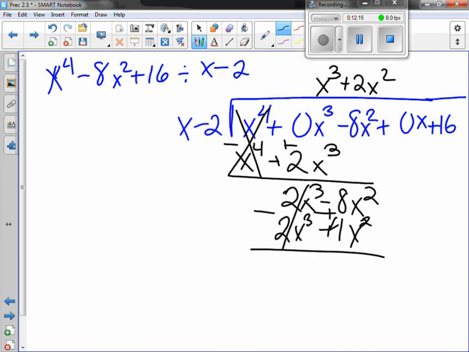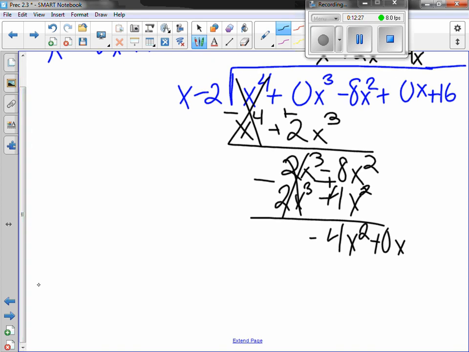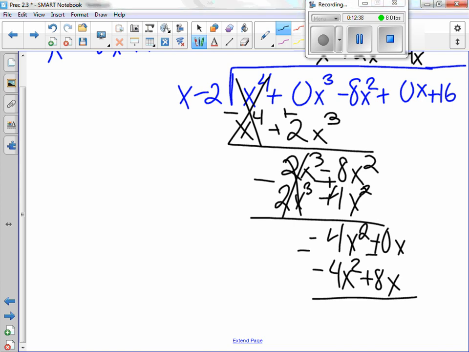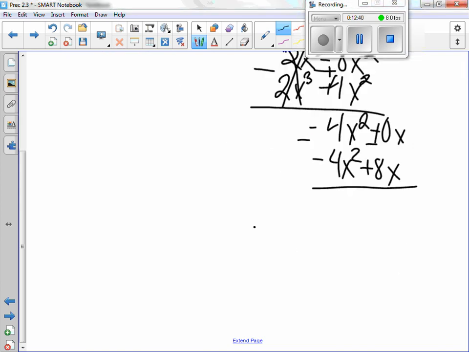Those cancel, and this gives us negative 4x squared plus 0x. Then minus 4x, which will give us negative 4x squared plus 8x. That's just a step ahead, because 4 times 2 would give us 8, and it's positive because a negative and a negative make a positive. Those two cancel out, and I have minus 8x plus 16.